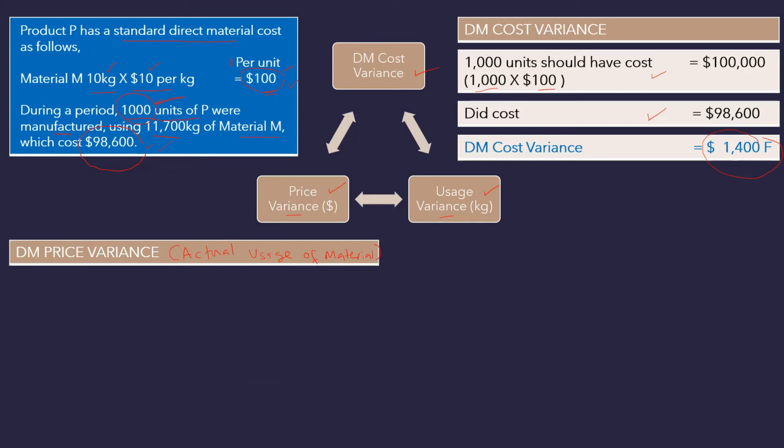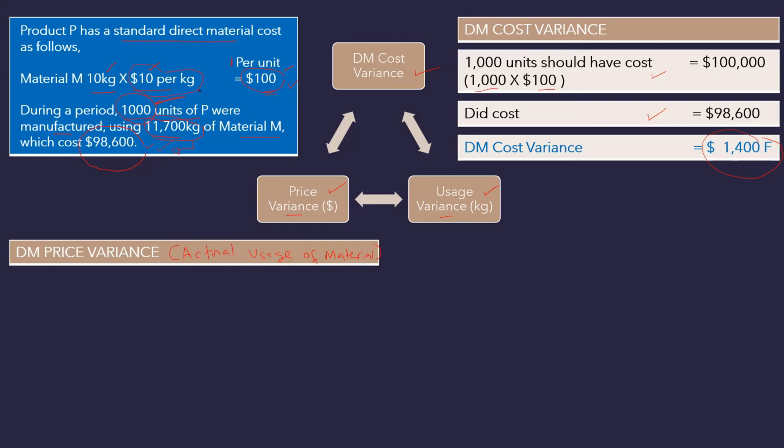Just compare how much I should have incurred for the actual material requirement. Actually you consumed 11,700 kg, and for that you incurred $98,600. Had you used the standard rate, the planned cost was $10 per kg.